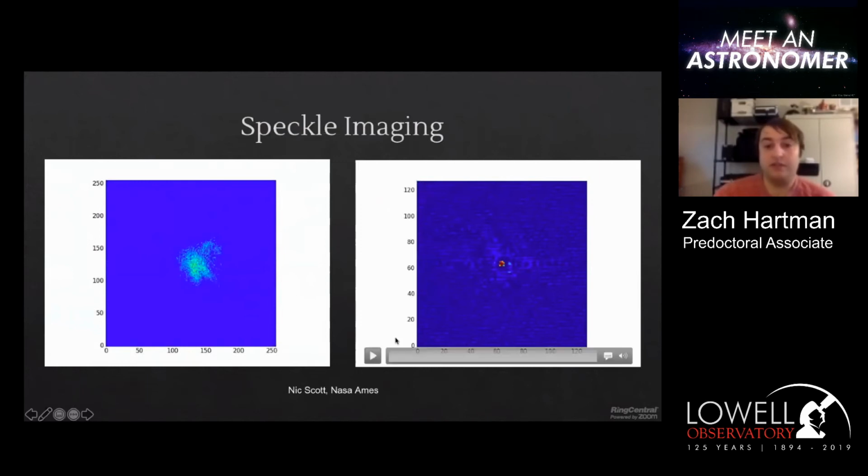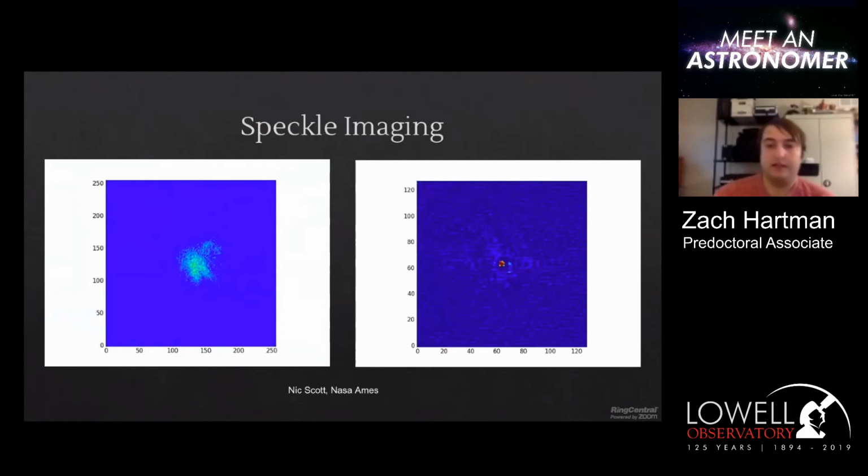So once you start to use all of them, the image on the right is the resulting reconstruction of one data cube or one frame.